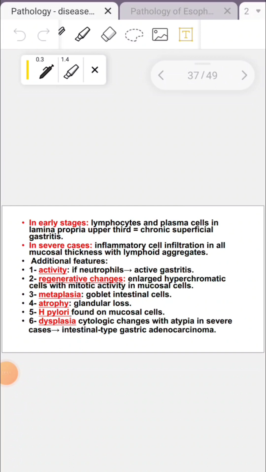As we said, gastritis is either increased secretion, or diminished secretion, or a defective defense mechanism. This will result in induction, most commonly caused by H. pylori. H. pylori secretes hydrolytic enzymes: protease, lipase, urease.